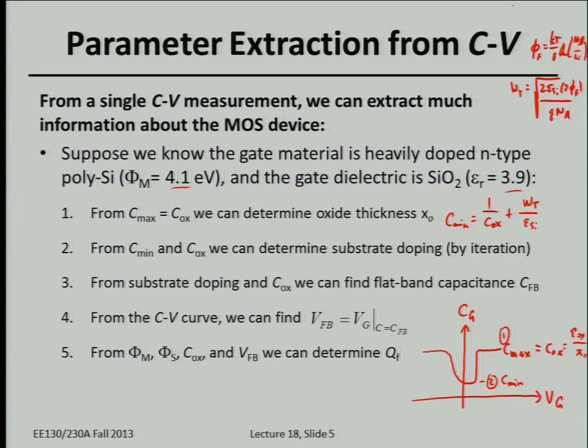So Wt is a function of the dopant concentration. If you know C min, and you know Cox, and you know epsilon silicon, you just need to solve for Wt, and then that should give you Na.